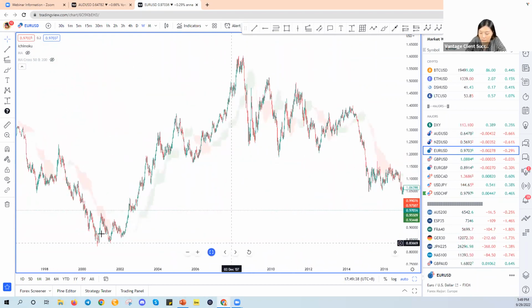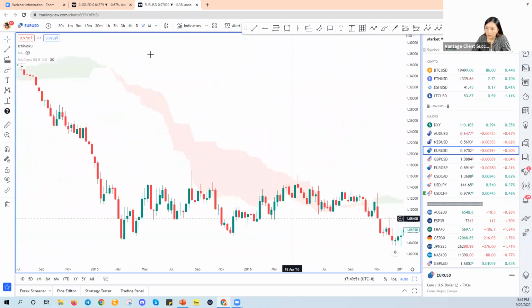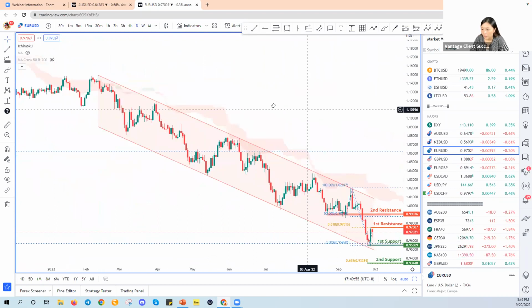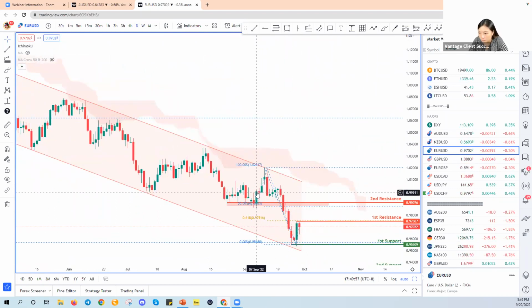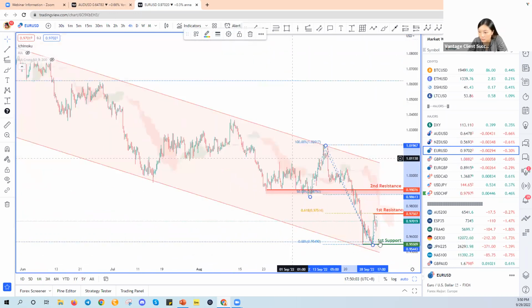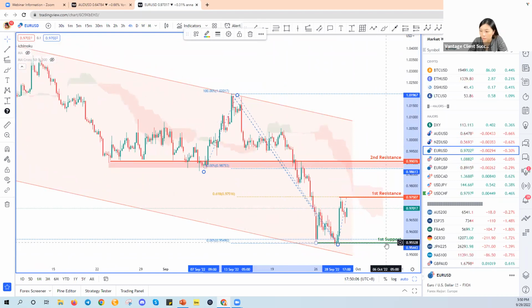If it actually breaks that level, we are looking at the lowest since November 2000, which is 0.84136, the 0.84 levels. But what I've seen here, on the daily chart and the 4-hourly chart, is I have projected this lowest level, so it will be my first support.